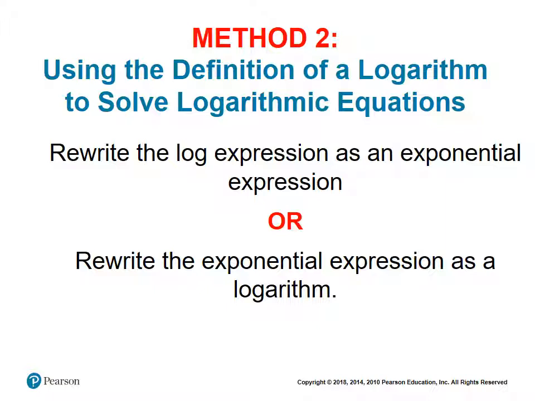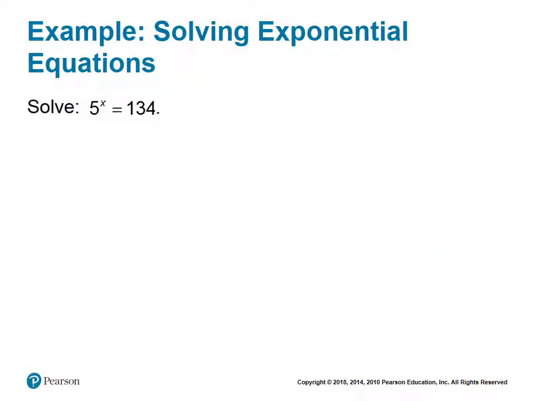Now method 2 is a little different. Instead of matching up the bases on each side of the equals, you will simply rewrite the original problem using the definition of logarithm. In this first example, it's written in exponential notation. But what we want to do is rewrite it as a log.